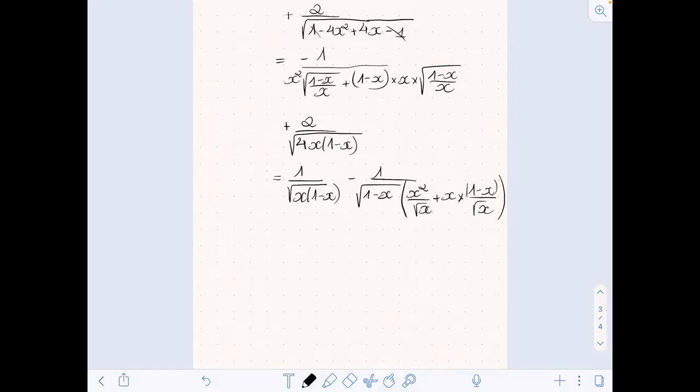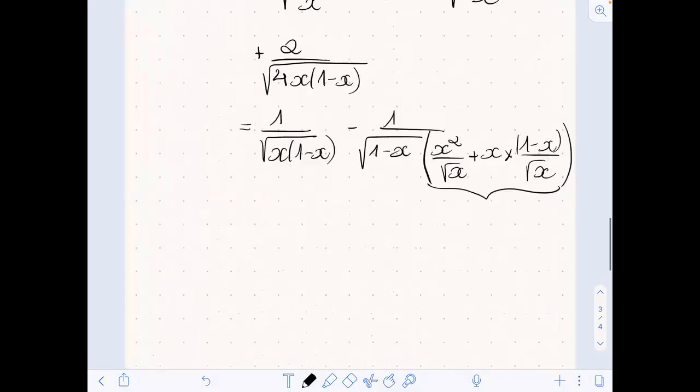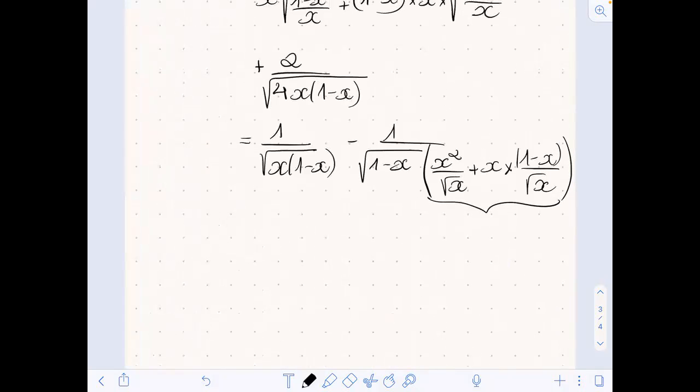If I multiply everything by square root of x, does that work? Yes, that works, because if we put the x in the 1 minus x, the x squared cancels out, and 1 over square root of x. Wait, I don't know. Don't worry. Oh yeah, wait a minute. I've got it.